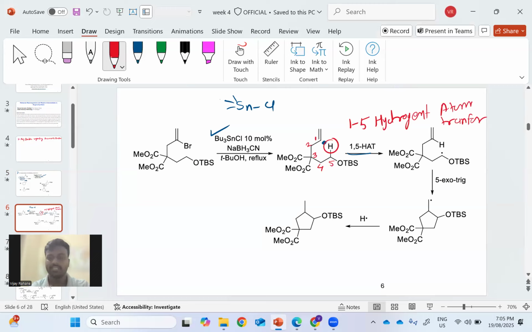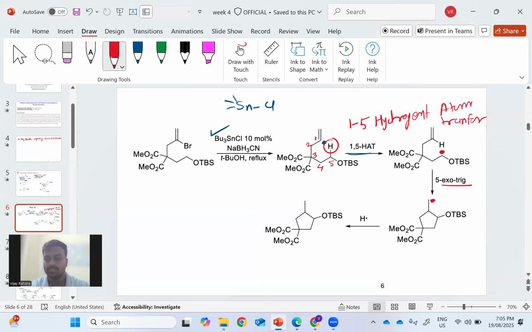This hydrogen gets transferred to the vinylic position, and the radical is now on the number 5 carbon atom, right? Once this forms, it undergoes 5-exo-trig cyclization to get the five-membered ring, because if you look at the ring formation, 5-exo-trig is favored here. It gives the five-membered ring with the radical on the primary carbon, the methyl.